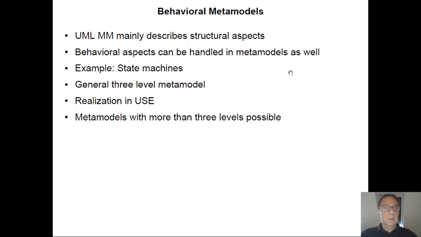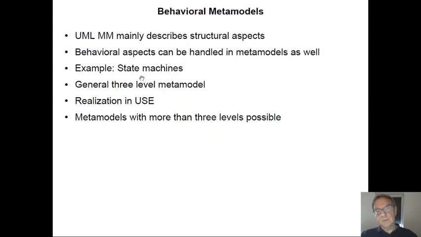They can be treated in meta models as well, and the example that I'm going to discuss here are state machines. I'm going to present a general three-level meta model for these state machines. I'm going to discuss the realization in USE.